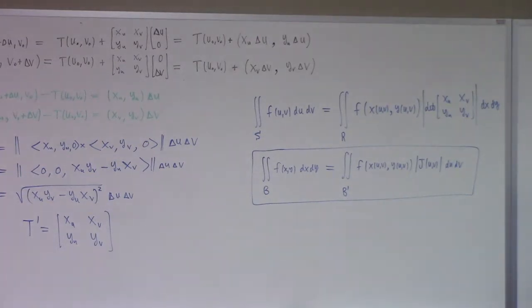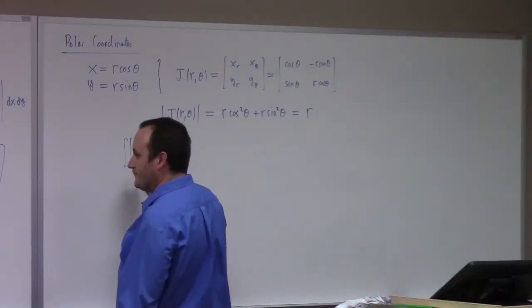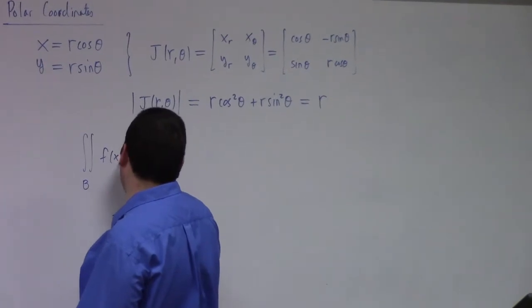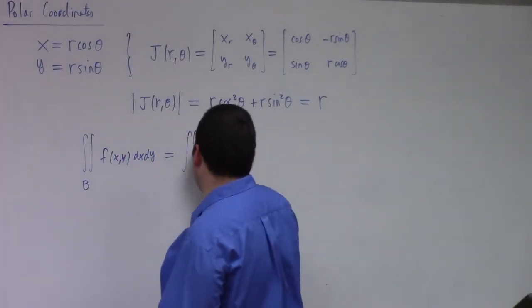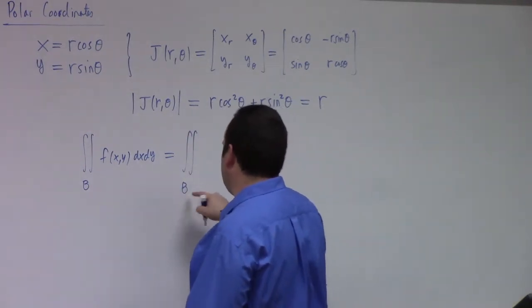So the integral, this much is true. The integral over B of f of x, y dx dy is equal to the double integral over B prime, or maybe better, B polar.